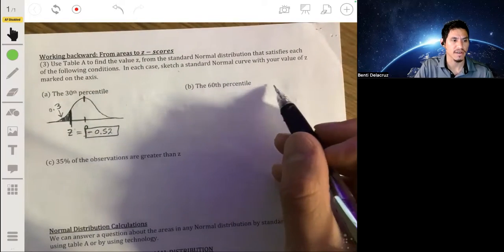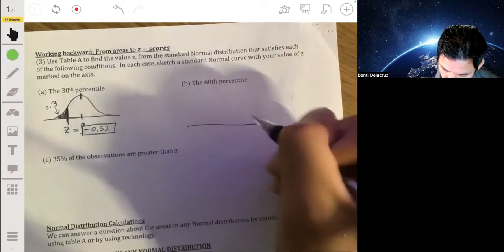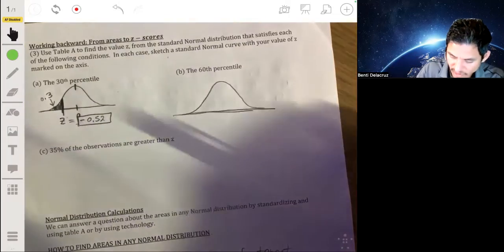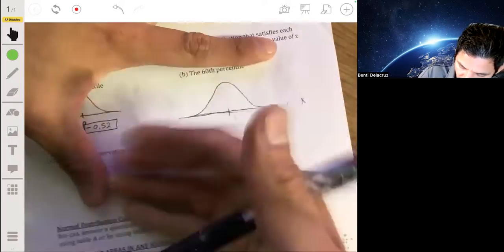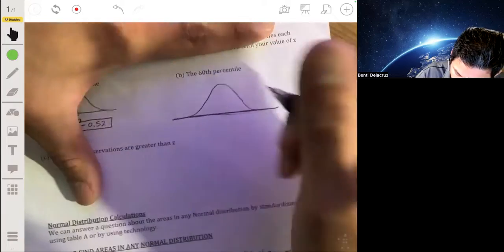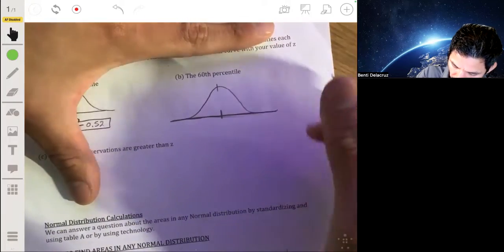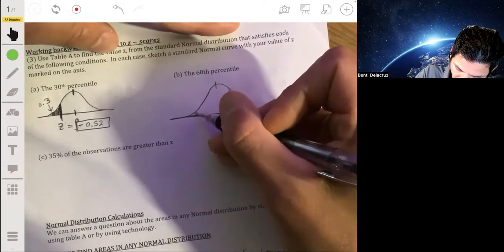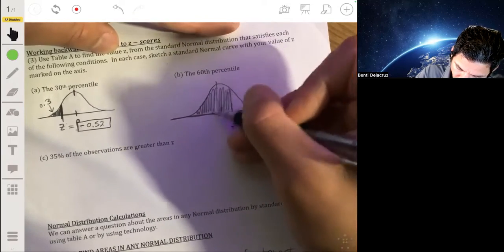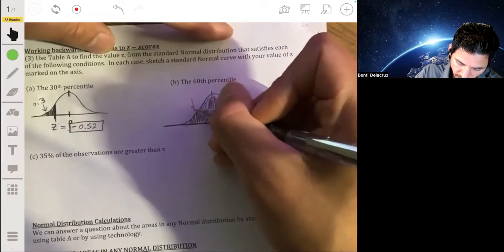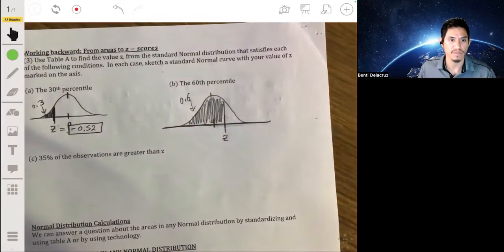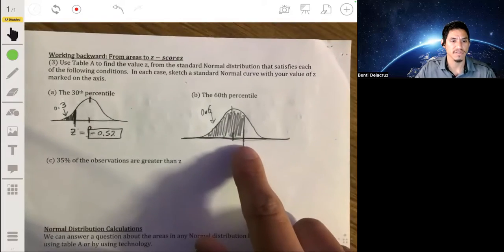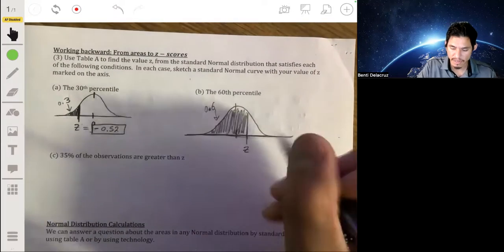Likewise, if we're looking at the 60th percentile, we're looking at the z-value where there's an area of 0.6 to the left. So that's our mean in the middle. 0.6, we know it's more than 50%, so something like this. The shaded area has to be about 0.6, roughly speaking. We know our z-value is going to be positive since it's to the right of the mean.